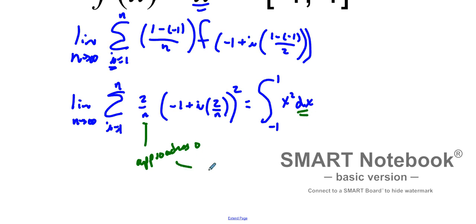So dx is actually our delta x, which is a dummy variable. So it's our differential, which is approaching 0. So it's a very, very small value. And then we have x squared, which is our function, where we're just going to be plugging in values, and that's how we can figure this out. And so that's how these two are correlated.